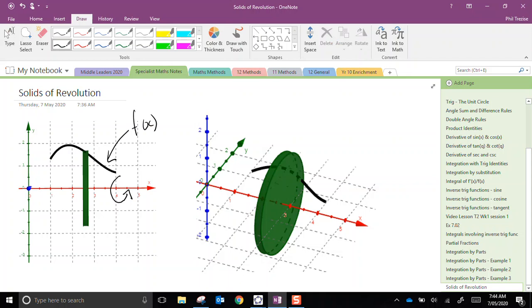And as it rotates, it sweeps out a surface that would end up like a vase.